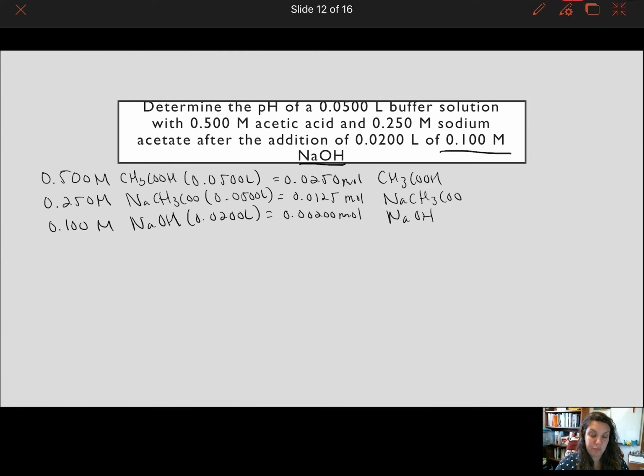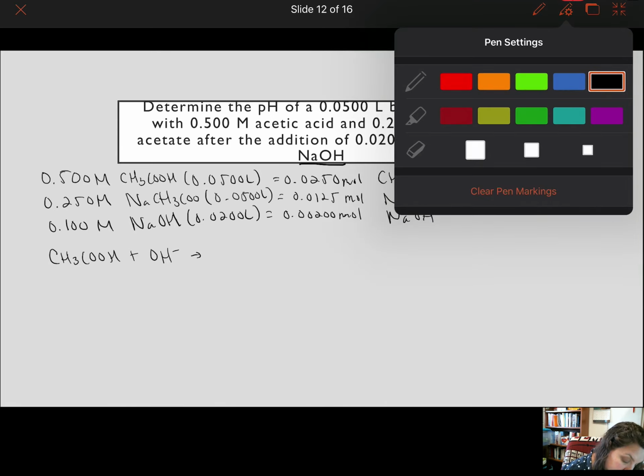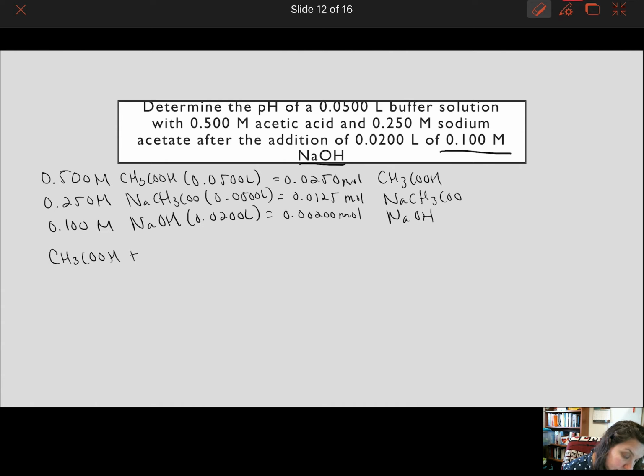As I said, since we're adding in strong base, our BCA table is going to be used with the acid on the reactant side. It's going to react with our sodium hydroxide to fully react and produce sodium acetate and water.